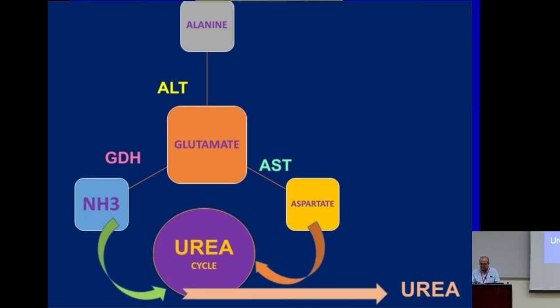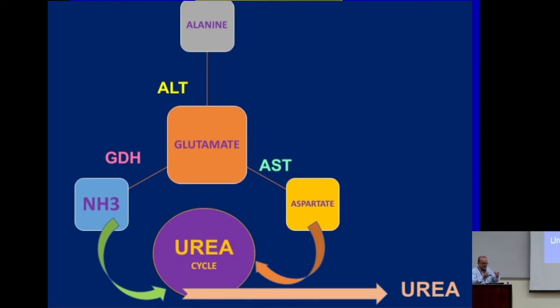The purpose of the urea cycle is to remove nitrogen, ammonia, from cells and from the body in a non-toxic form, detoxifying ammonia. That's what the urea cycle does.